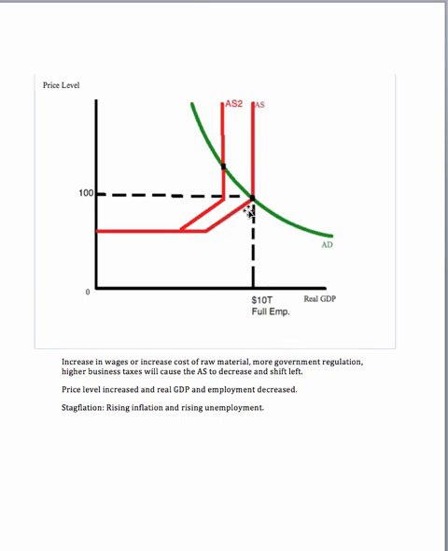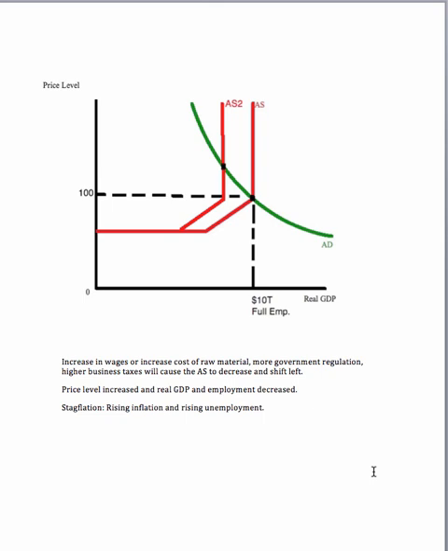How can the government help if we have stagflation? They can lower business taxes, lower regulations on businesses, give them more subsidies. Those are things that can help shift the aggregate supply curve back to the right and bring the price level down and real GDP to grow.